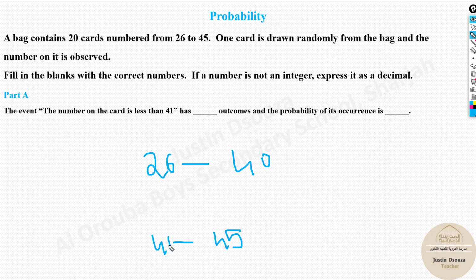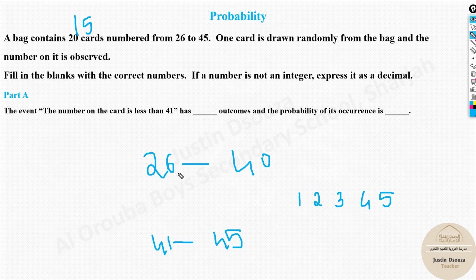Just count 41 to 45: 41, 42, 43, 44, and 45. So there are 5 cards. So out of 20 cards, 5 are left out. So how many cards will be from 26 to 40? It'll be 15. Why? Because the remaining cards are 5, so just deduct 5 from 20.